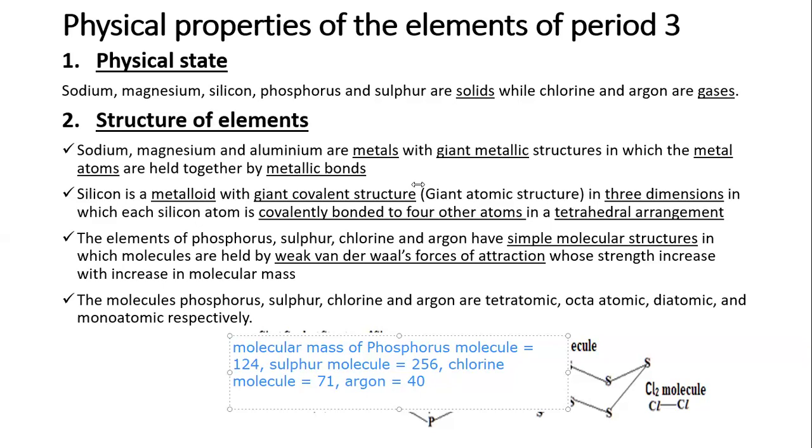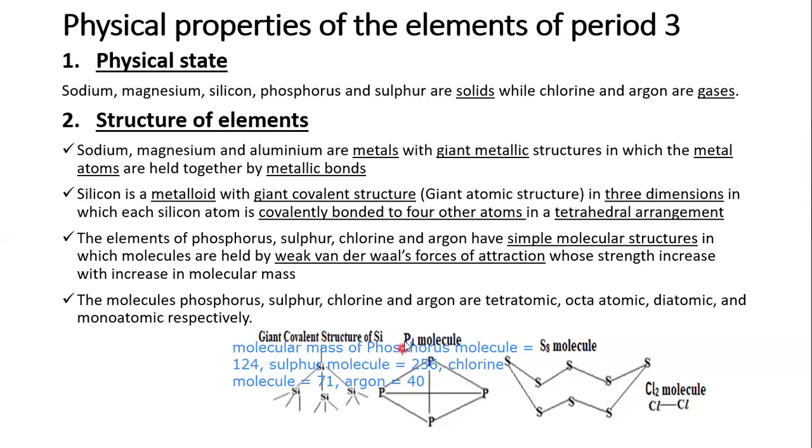Then followed by phosphorus, then chlorine, and lastly argon, according to the values of the molecular masses. All right. Thank you so much.